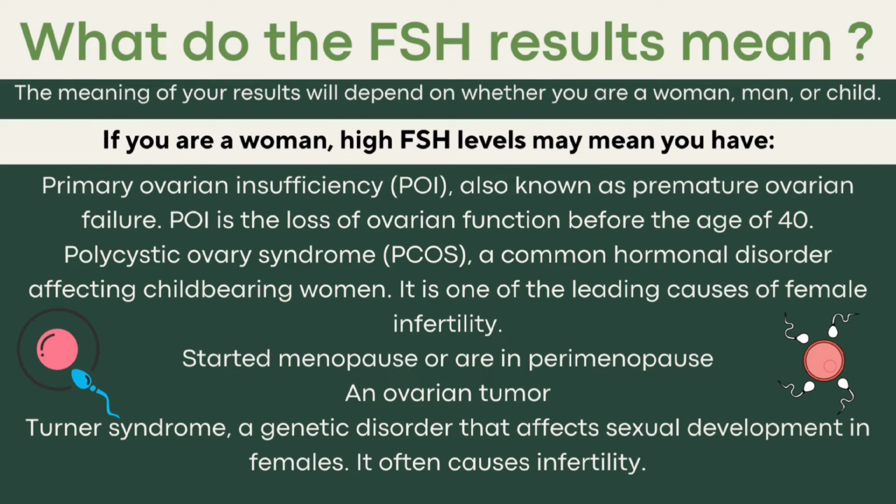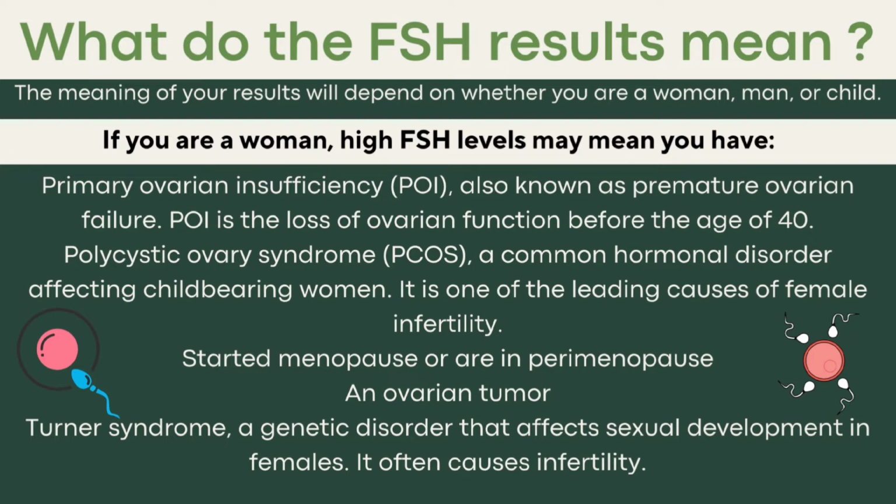If you are a woman, a high FSH level may mean you have primary ovarian insufficiency, also known as premature ovarian failure, which is the loss of ovarian function before the age of 40.